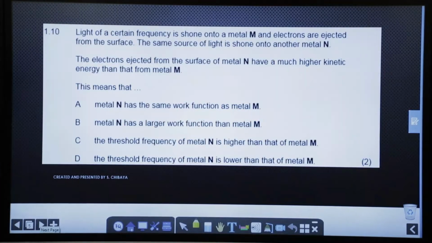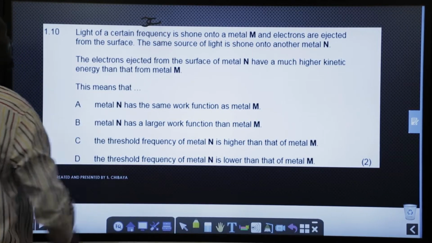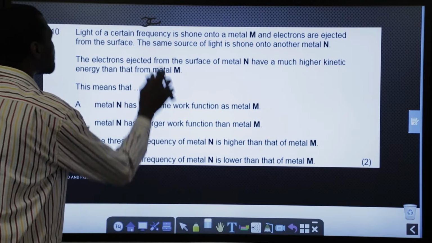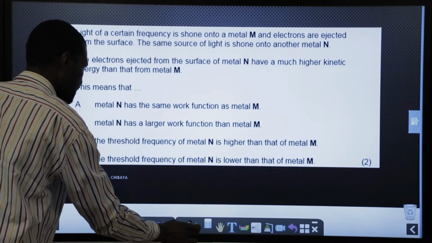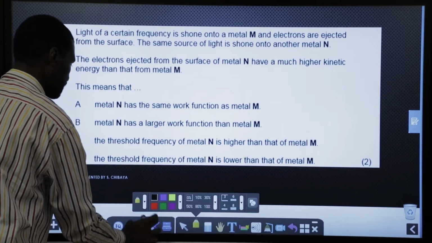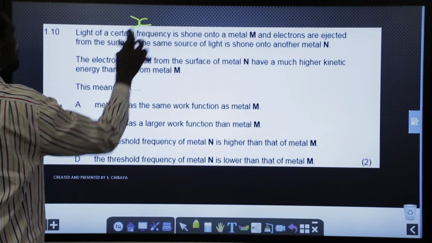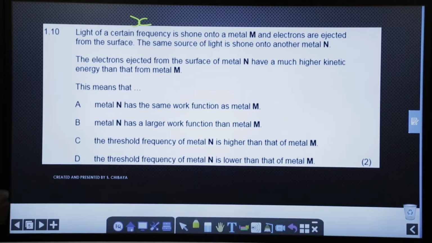Let's look at a quick example here. Light of a certain frequency, let's call that frequency X, is shone onto a metal M, and electrons are ejected off the surface.